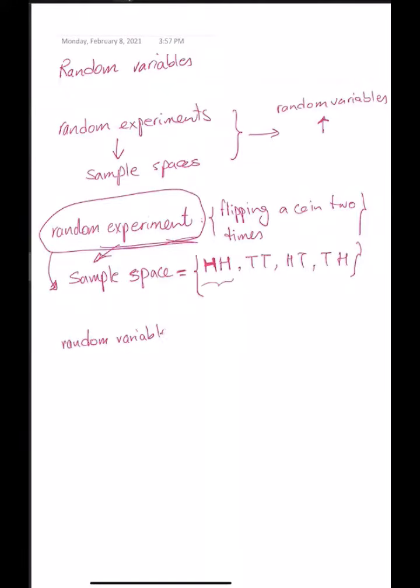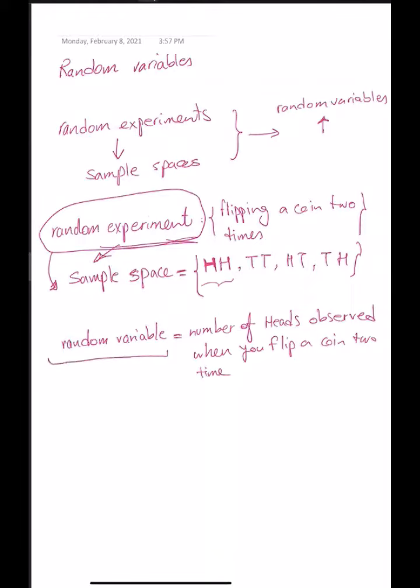So let's assume I define my random variable like this: number of heads observed when you flip a coin 2 times.